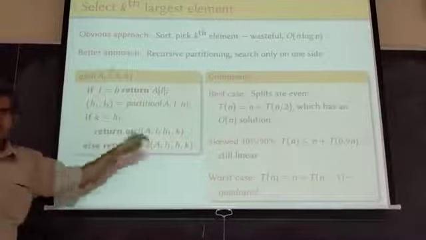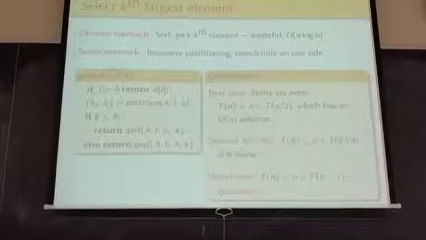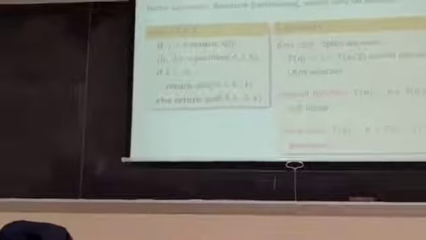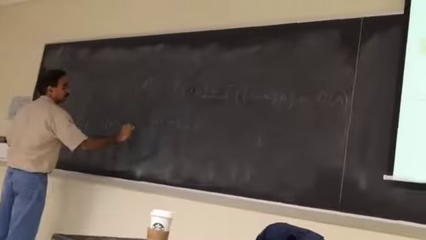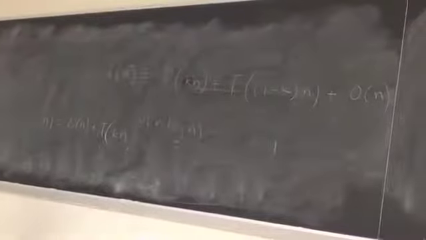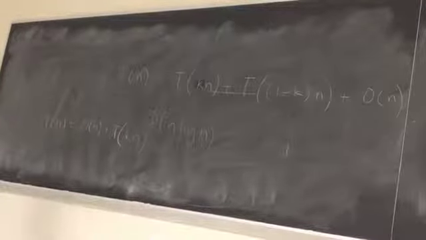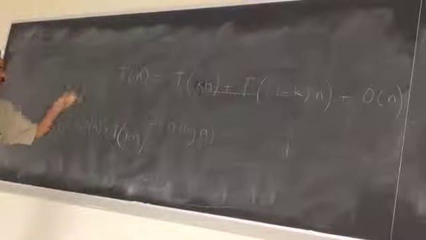If it's greater, then you call quick select on the right half. So you have a recurrence of the form T of kn, where it's a fixed fraction of n, and this again has a linear solution.